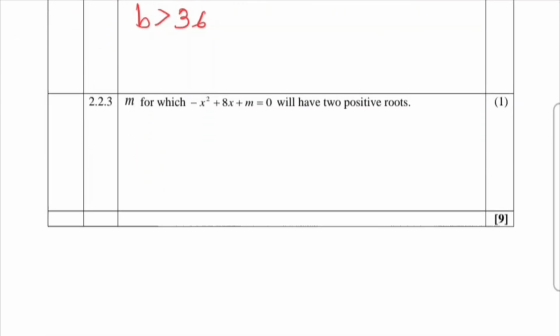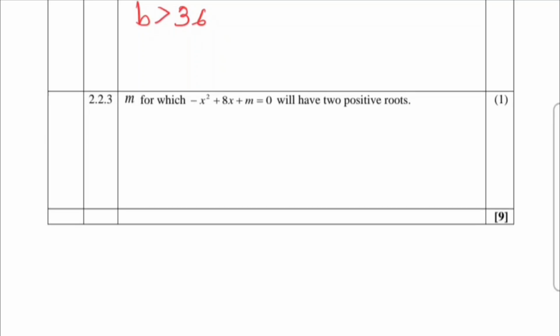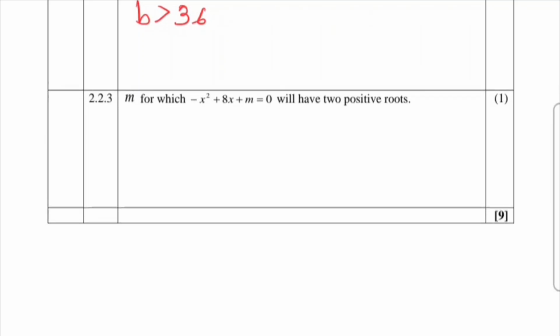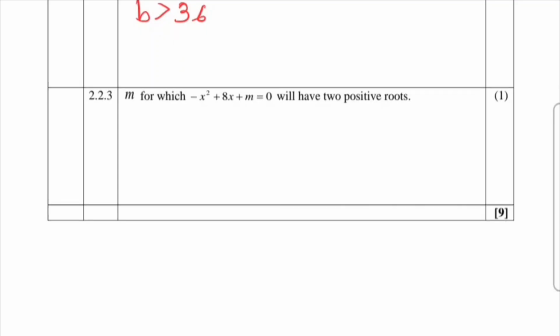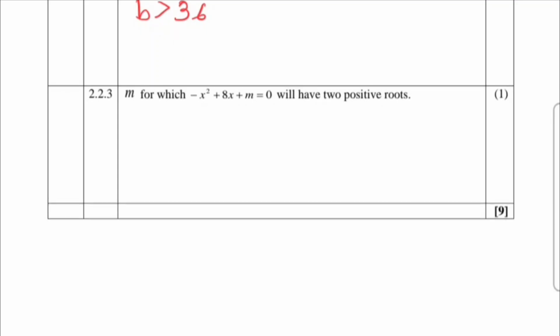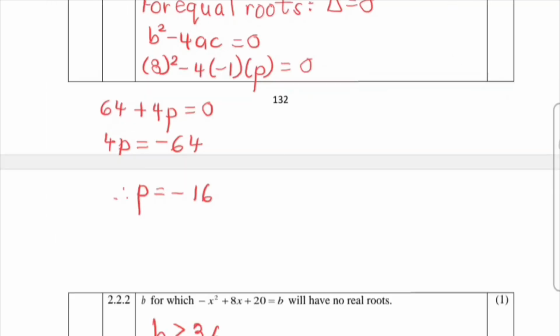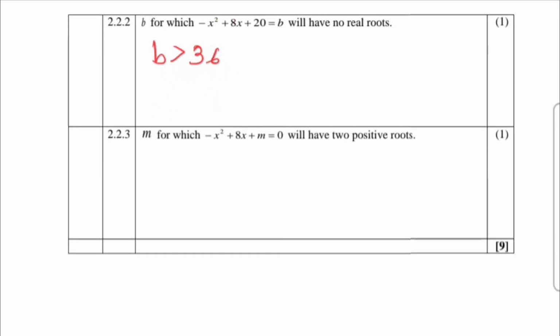And the last one, they've replaced our constant with m. And they want to know for which values m will have 2 positive roots. So when we talk about positive roots, basically for this graph, we want to know how low can we move the graph downwards vertically.